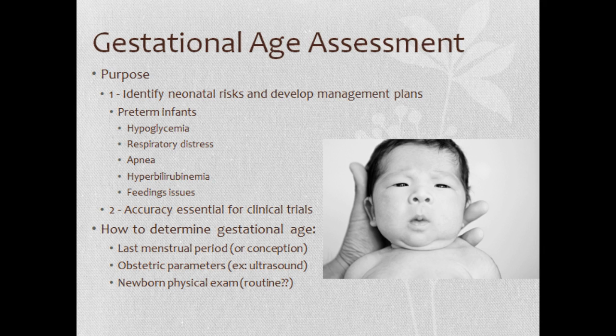And then we also have obstetric parameters. So certainly that first trimester ultrasound, when you have a crown rump length, that's going to be your most accurate for determining dating. If a woman doesn't have irregular menstrual cycles, etc., then that crown rump length really is your next best.